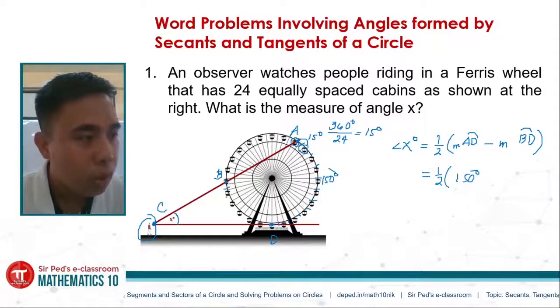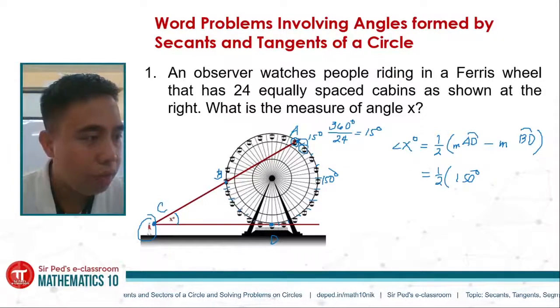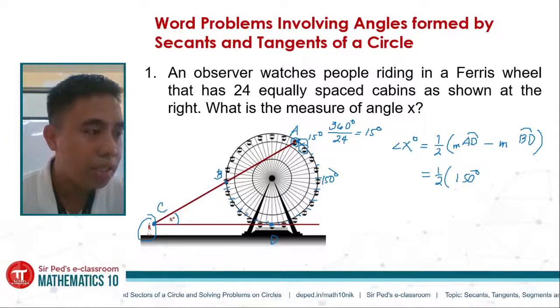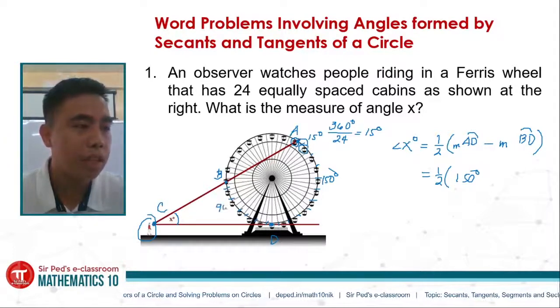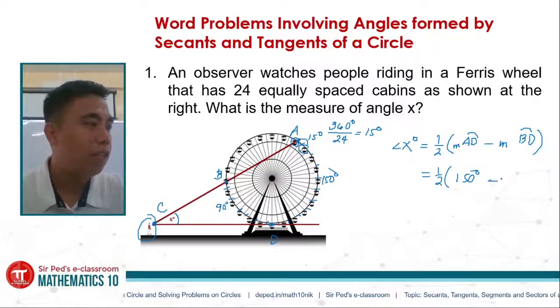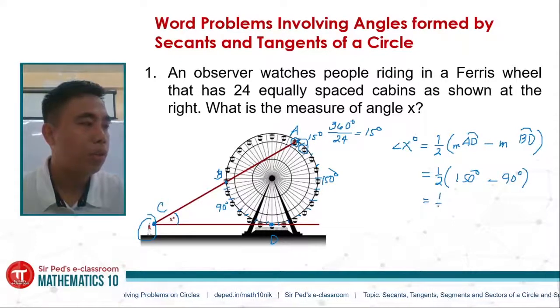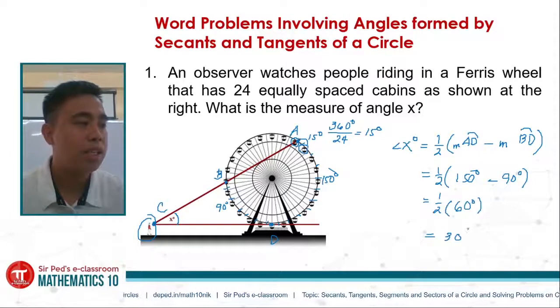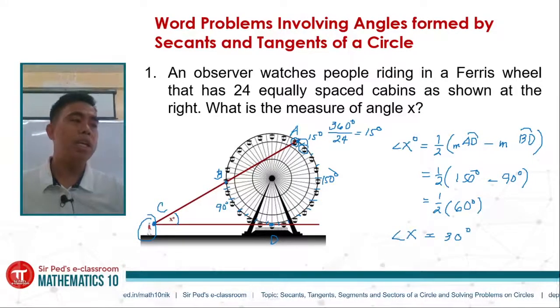Dito, 1, 2, 3, 4, 5, 6. So, 6 times 15, that is 90. Therefore, this is 90 degrees. So, that is now equal to 1/2 of 60 degrees. So, ano yung 1/2 ng 60? So, it is 30 degrees.